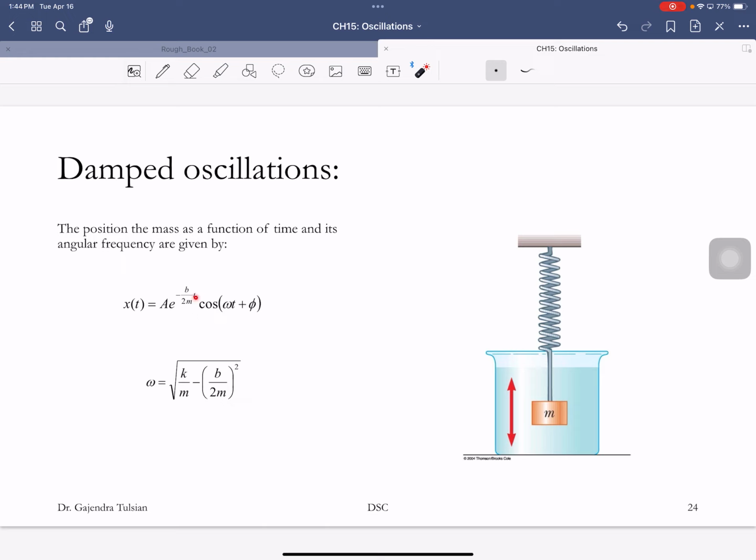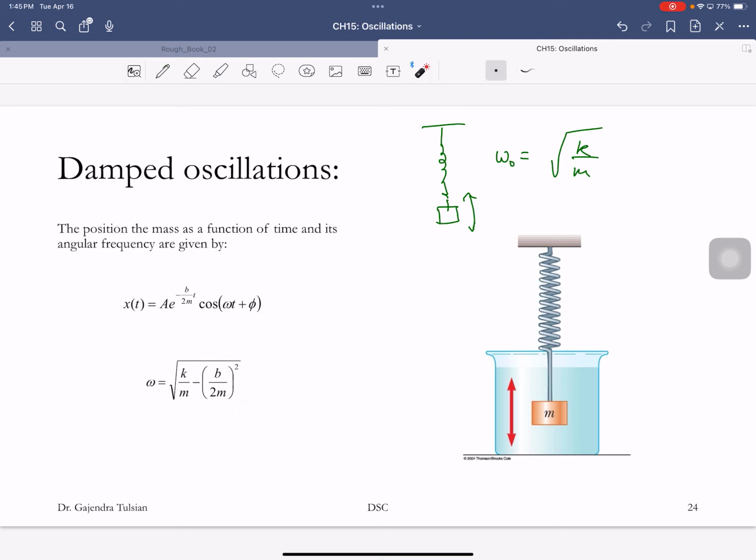As time increases, the amplitude decreases exponentially. Greater the friction constant, faster it's dying. Greater the damping constant, faster the oscillation dies. Now, here's another change that happens. If there's no damping present, this was the frequency of oscillation.